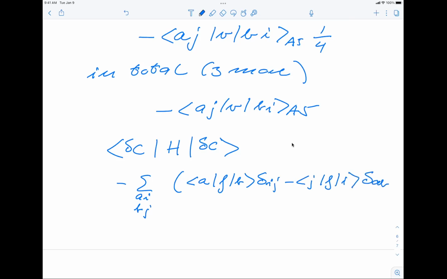So one of the sums here is going to be redundant. And then we're going to have minus ⟨AJ|V|BI⟩ anti-symmetrized. And this is then multiplied with these coefficients which we have. So we have δC_AI complex conjugate, multiplied with δC_BJ.